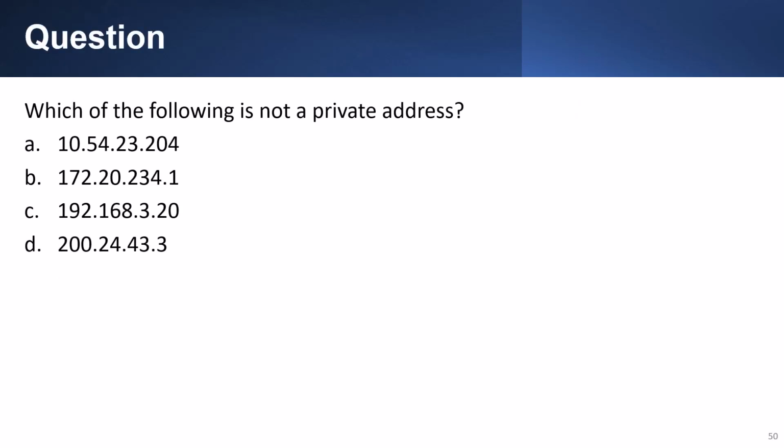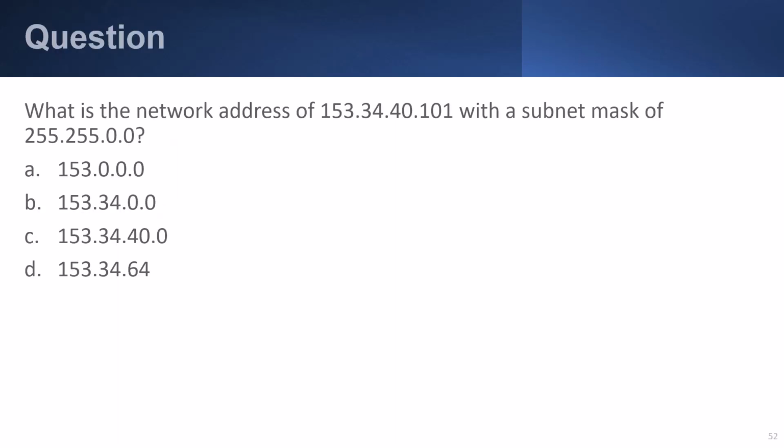Question: which of the following is not a private address? Answer: 200.24.43.3. Question: what is the network address of 153.34.40.101 with the subnet mask of 255.255.0.0?